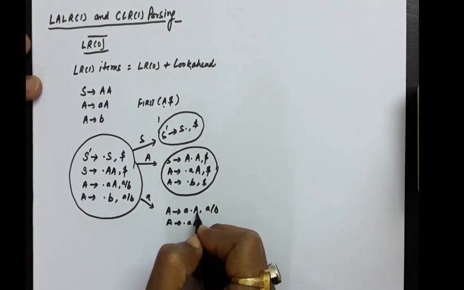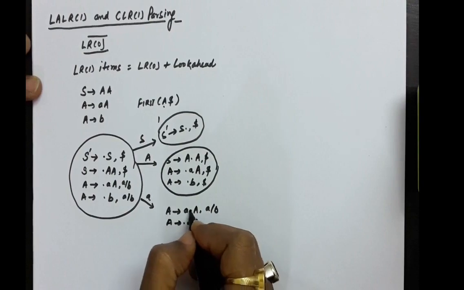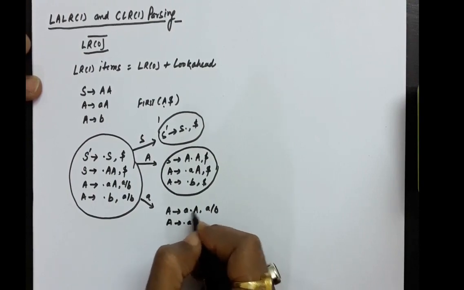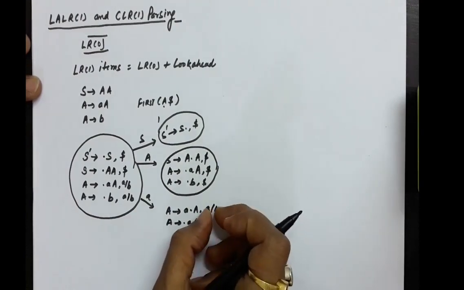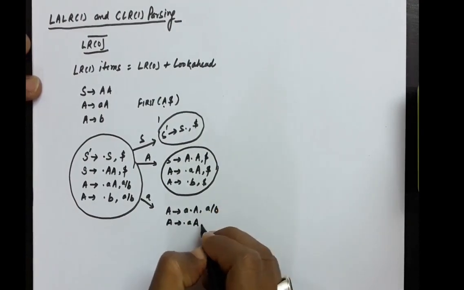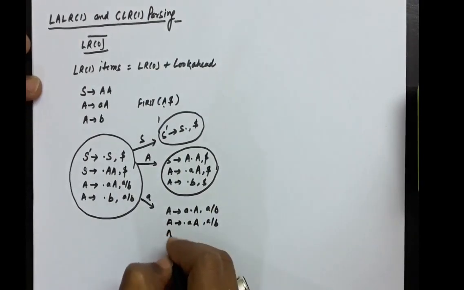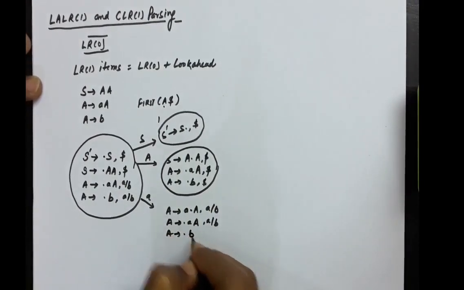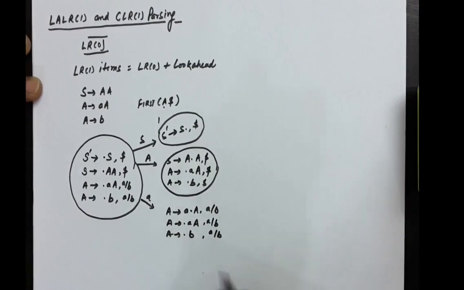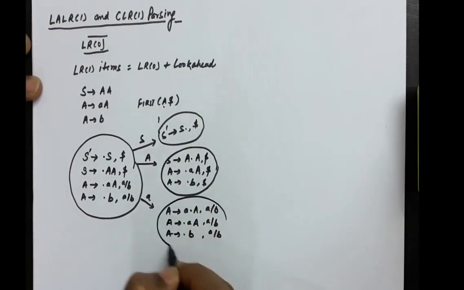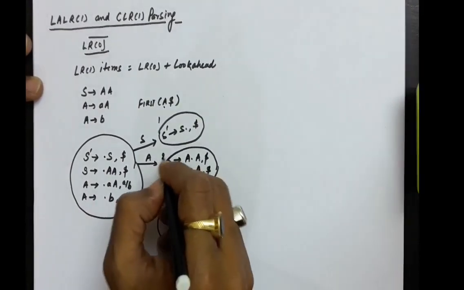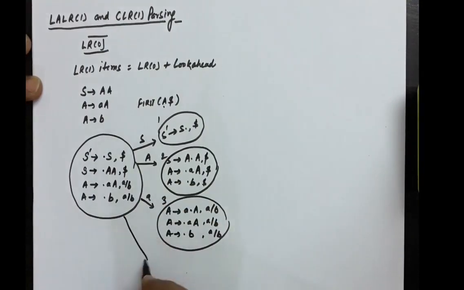Why a and b? Because we have written this production because of this capital A. Anything after this, you will find the first of that. So first of that is small a and small b. Similarly, for A produces dot b, the lookaheads will be small a and small b. So this is state number 3.